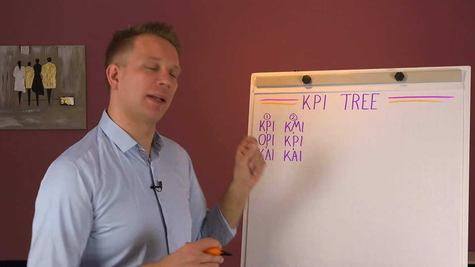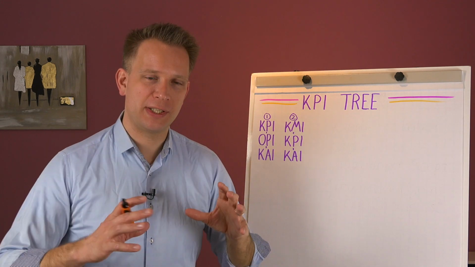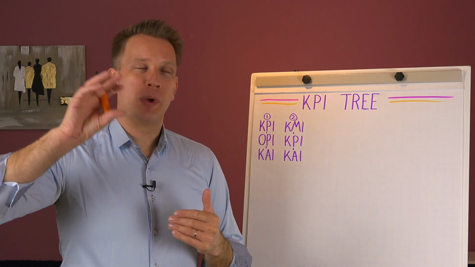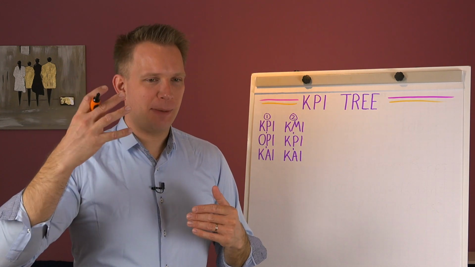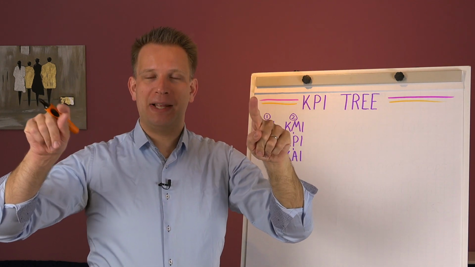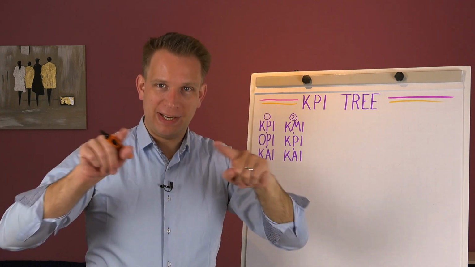The main thing I also want to share with you this time is that when you're building up a KPI tree, it comes a bit from this Christmas tree, right? That starts thin at the top and then spans out, and it has extra triangles underneath.